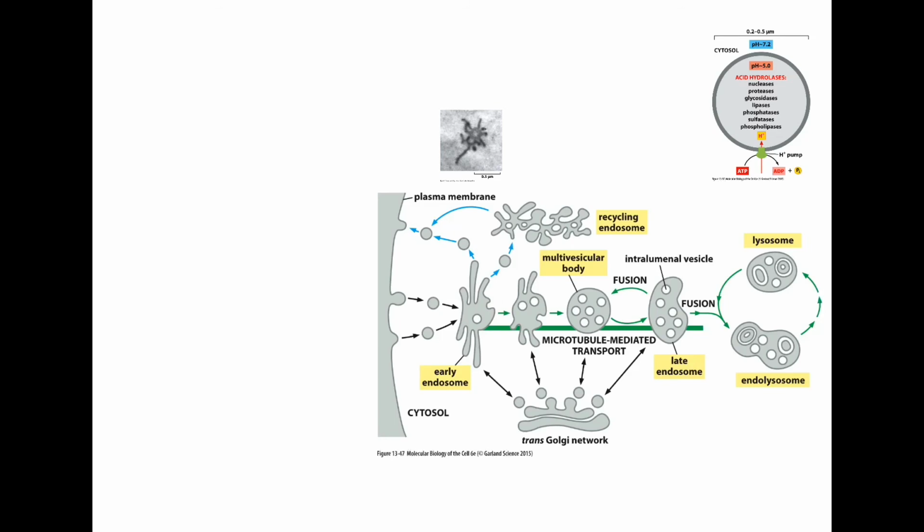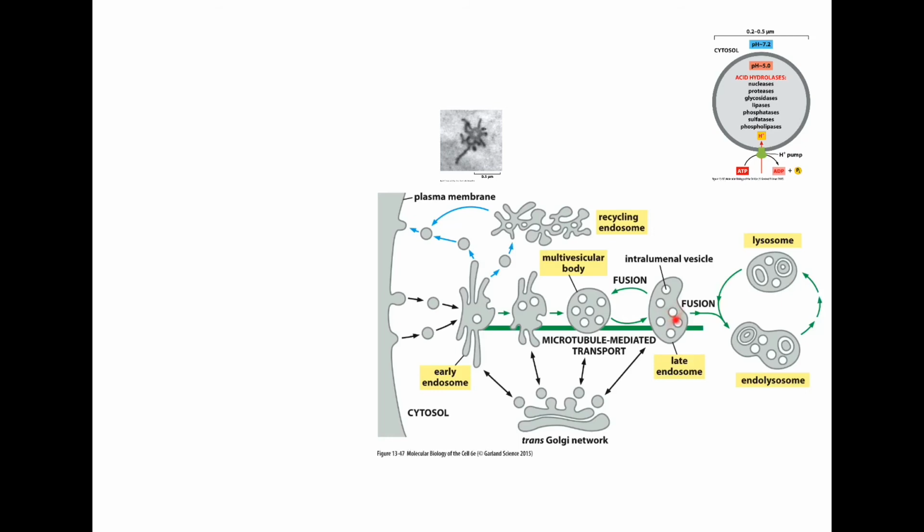More about that later. The other thing to remember is that there is a microtubule association. Even though these things are very big, they're organelle-sized things, they are dragged along by motor proteins using the microtubules as the motor for that translocation.